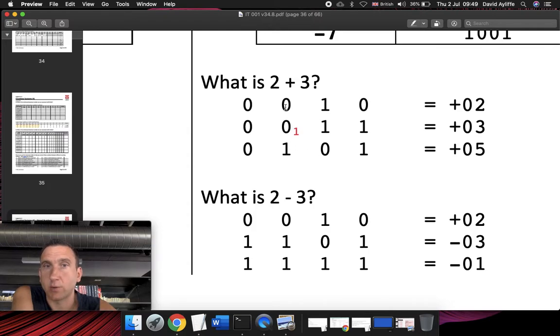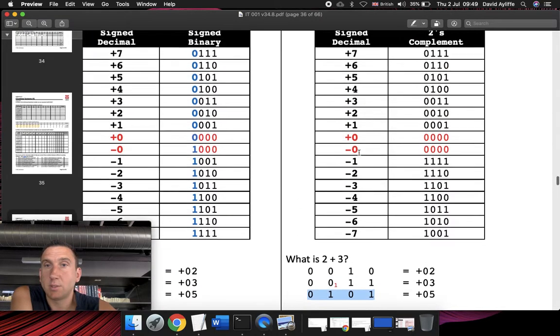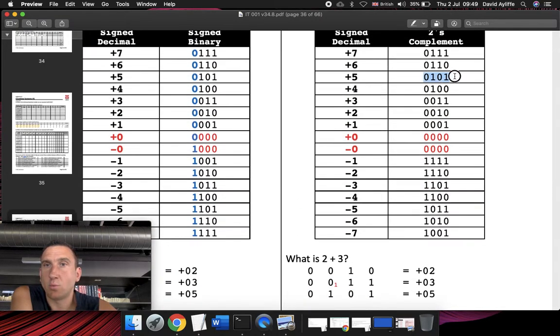So 0 carry 1. 0 and 0 and 1 is 1. And 0 and 0 is 0. Yeah? And this is 0, 1, 0, 1. This is positive 5.